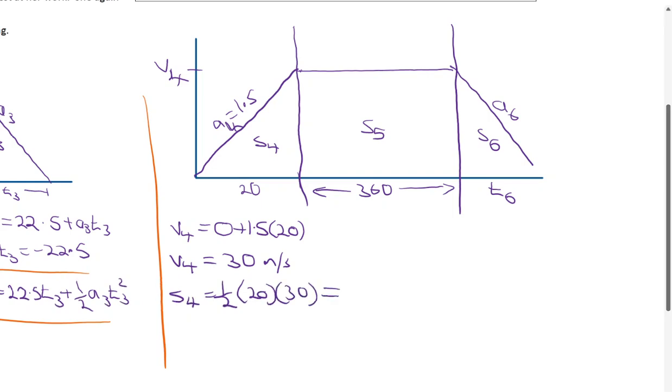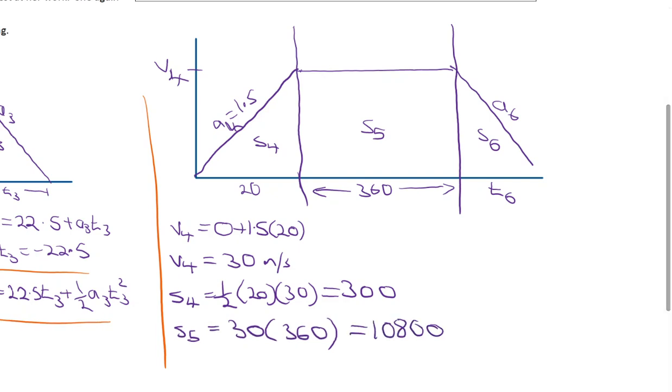Remembering that I can use my triangles, so that's 300. Then S5 is UT, so that's 30 by 360, which is 10800 if my mental arithmetic serves me correctly.